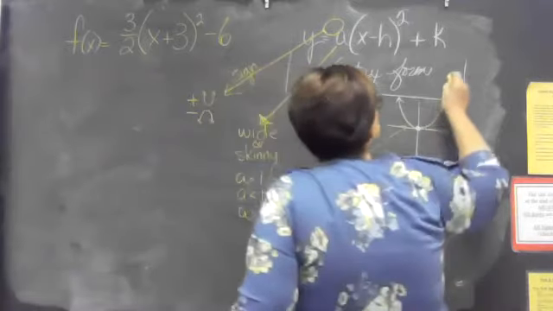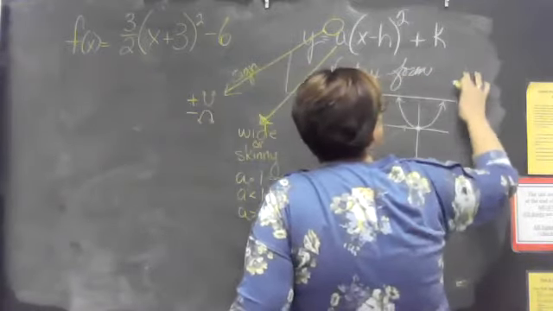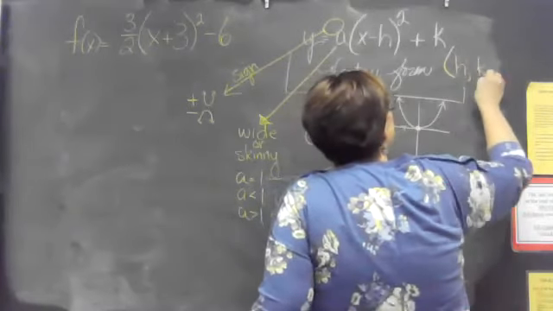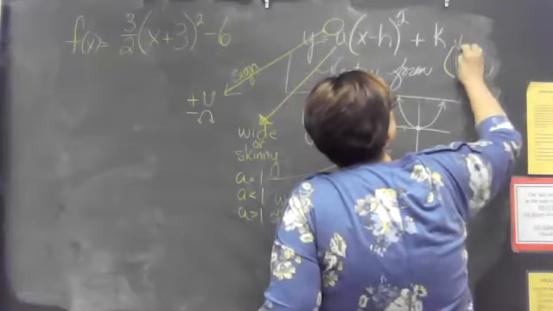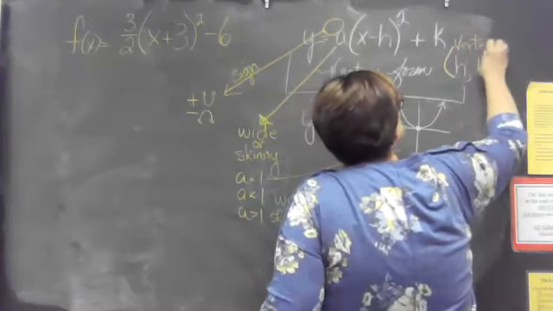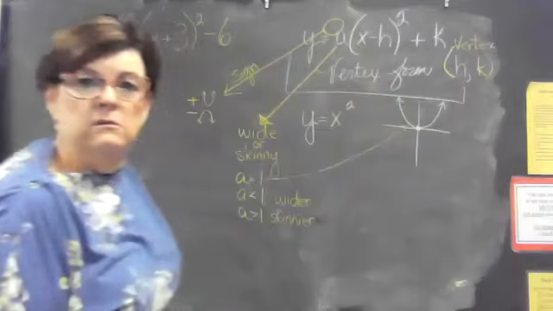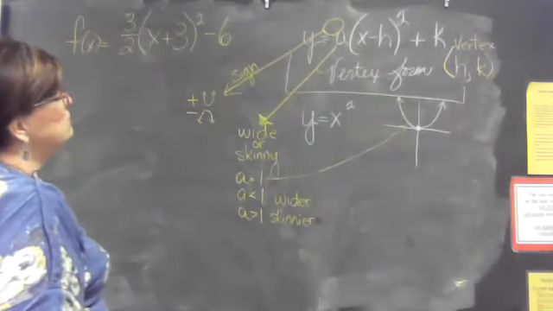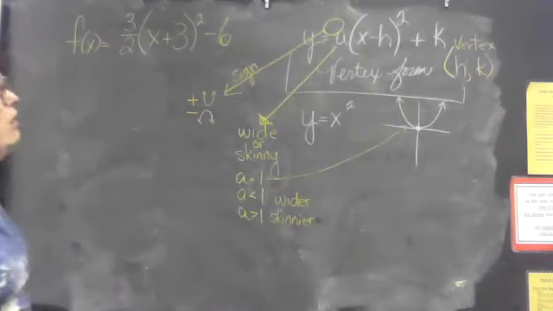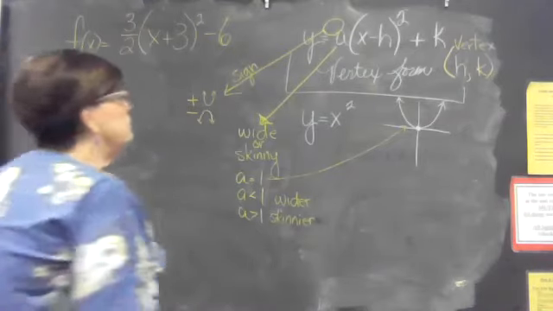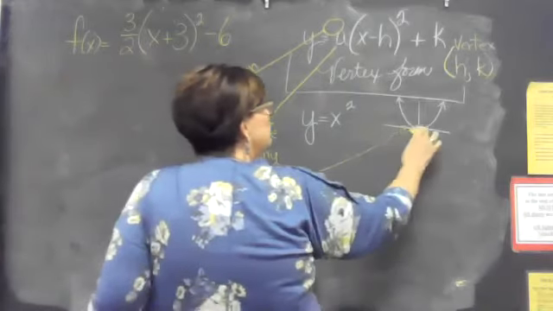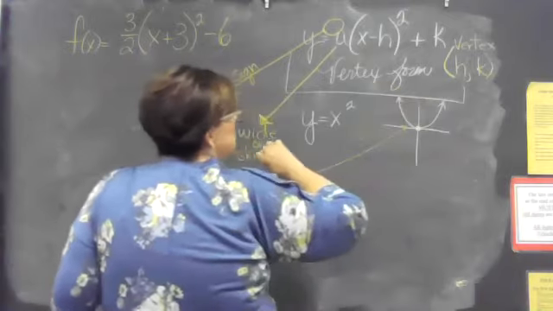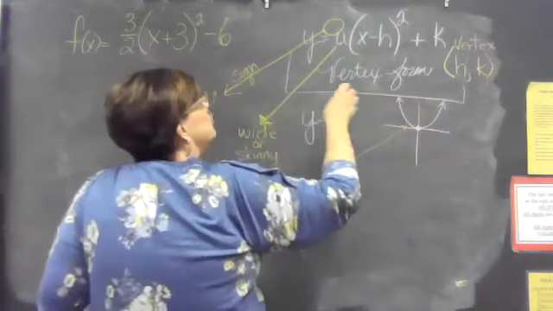We found out, because this is the vertex form, they call it that because H and K are the coordinates of the vertex. I don't know if I'm on the screen yet. Okay, H and K are the coordinates of the vertex, but we can also use this to see how this parabola moves around on the screen, okay, or on the graph, the coordinate graph.